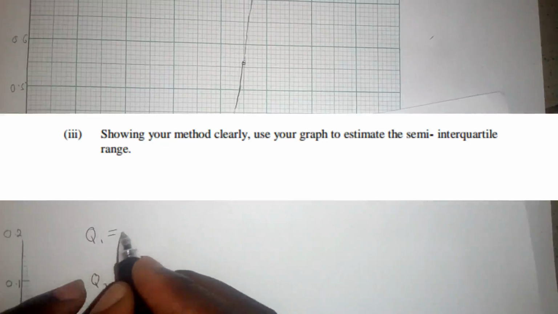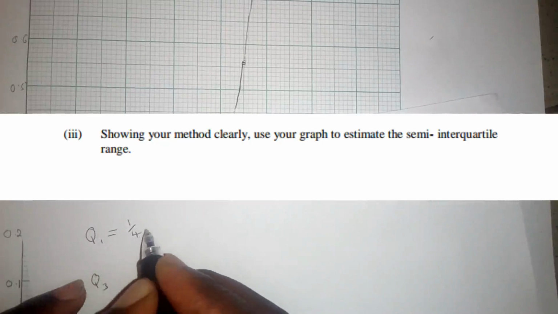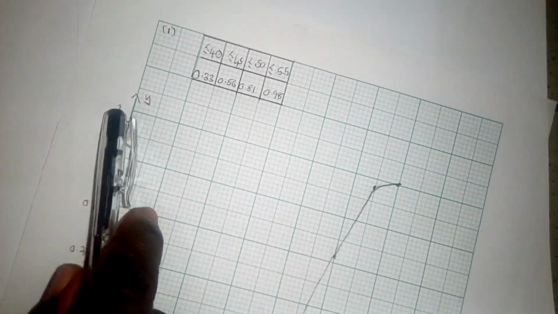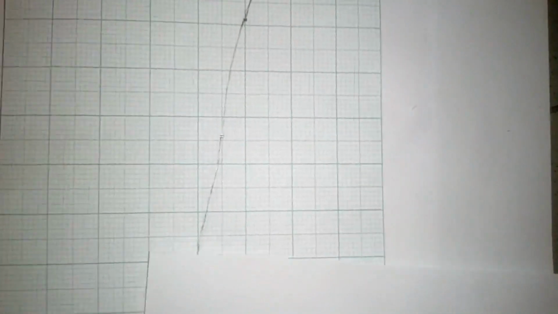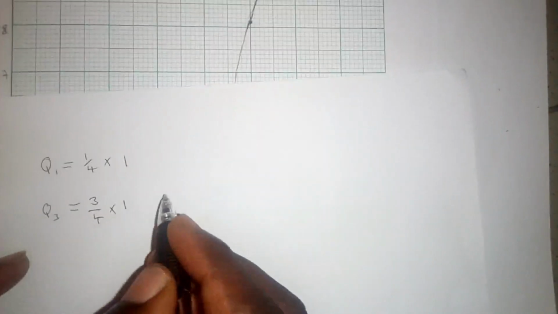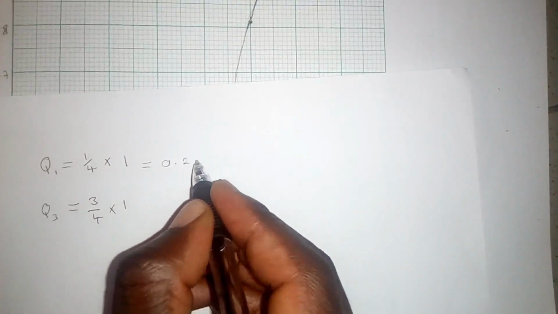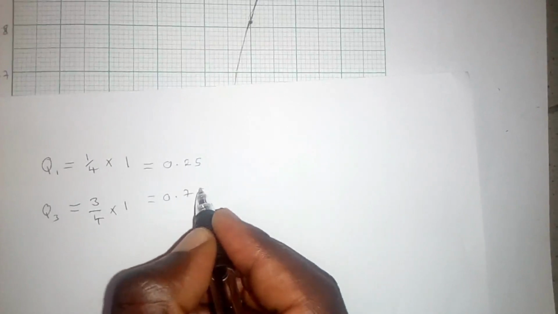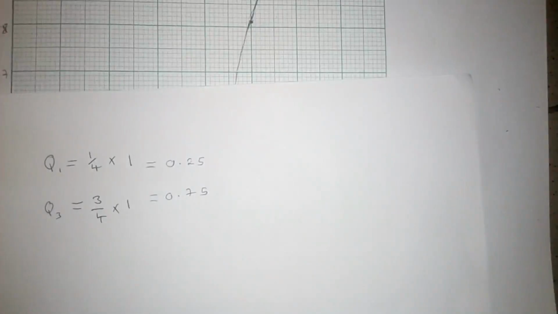For quartile 1, it's supposed to be 1/4 multiplied by the last number which is here. In this case, it's 1, so multiplied by 1. And then the second is supposed to be 3/4 multiplied by this same number 1. So here we get 0.25. Here we get 0.75. So this is what we are getting.